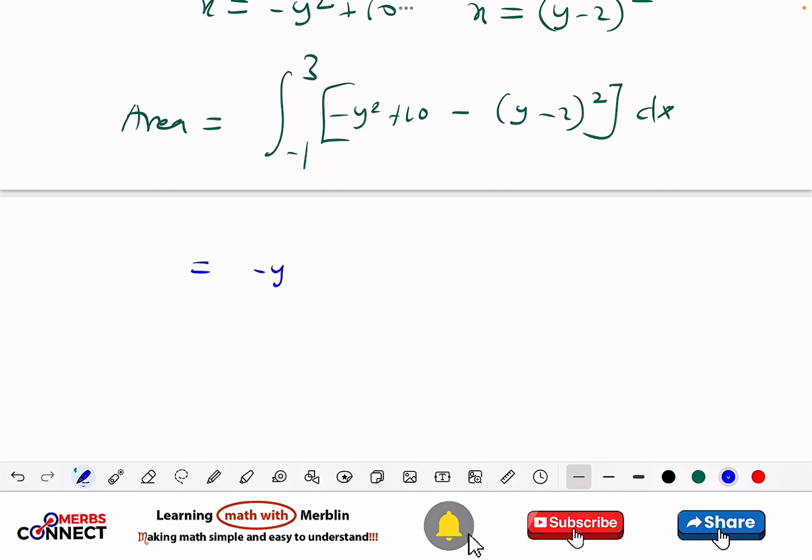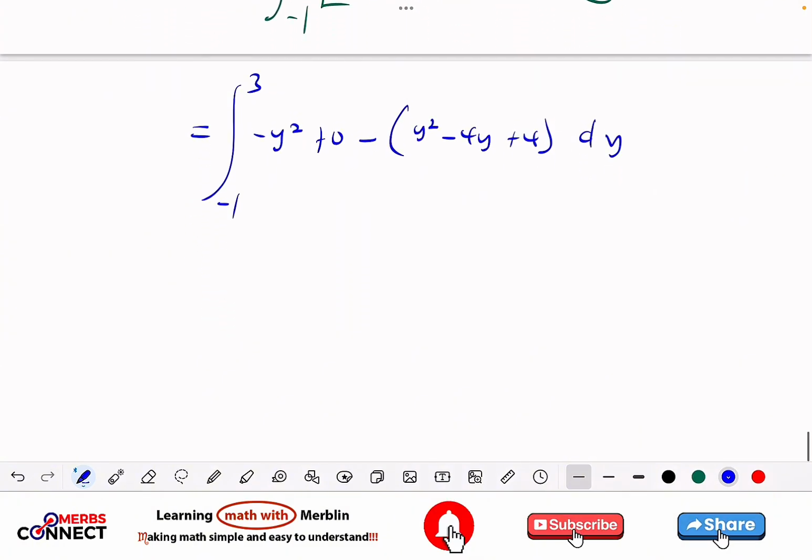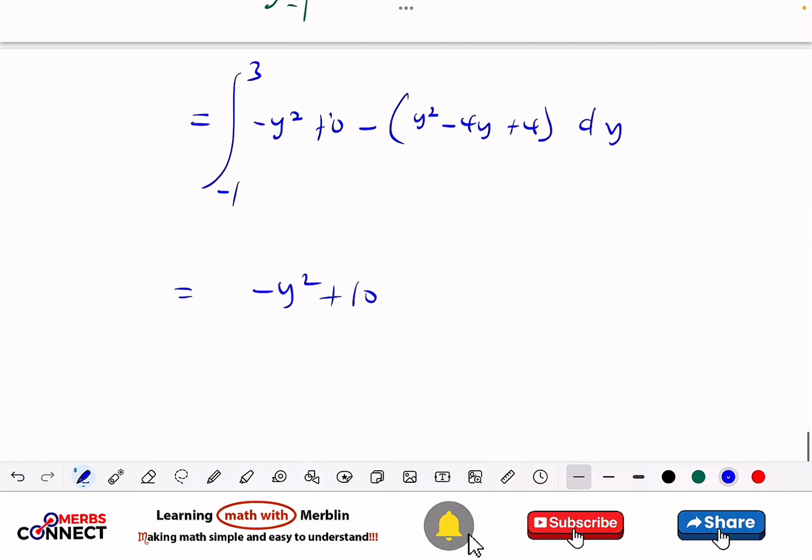Minus y squared plus 10 minus, we've already expanded this and we had y squared minus 4y plus 4. Integration from minus 1 to 3. This is minus y squared plus 10 minus y squared plus 4y minus 4. Good.